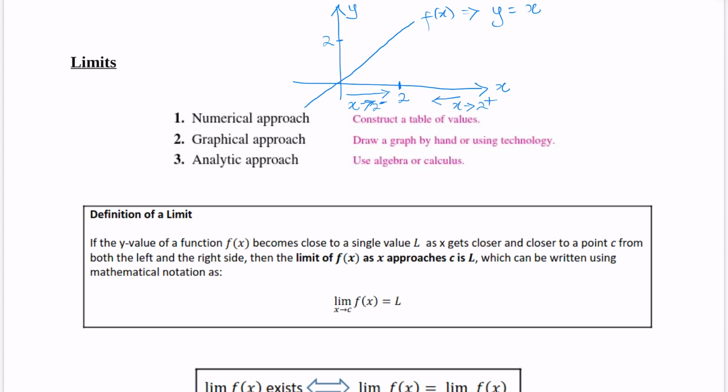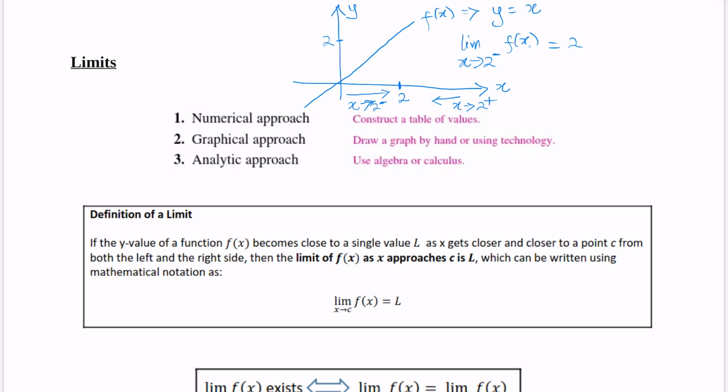So clearly you realize that as we approach 2 from the left, the value on the y-axis is what is our limit. So if we track 2 to the graph and track it to the y-axis, the value there is 2. So this tells us that the limit as x approaches 2 from the left of our function f of x is equal to 2.